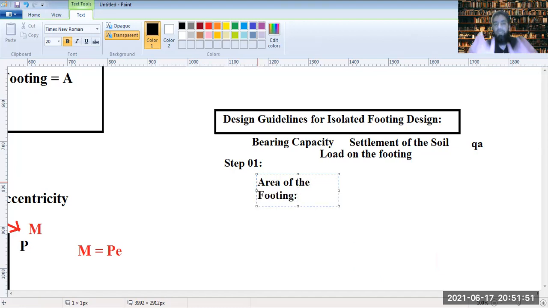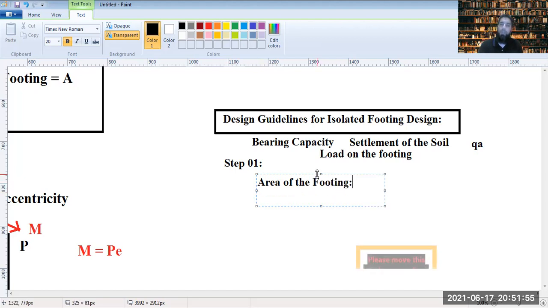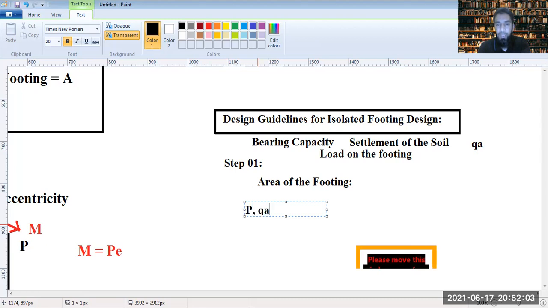Our area of the footing is very important to be known. How would you know the area of the footing? In step number one, you know P, and you are aware of QA. So your q should be less than QA.